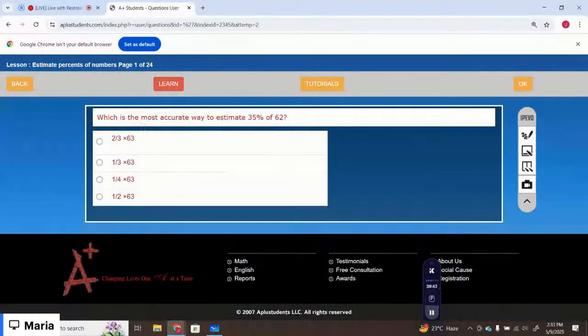Which is the most accurate way to estimate 35% of 62? That is 1/3 of 63. Option number 2 is the correct option.